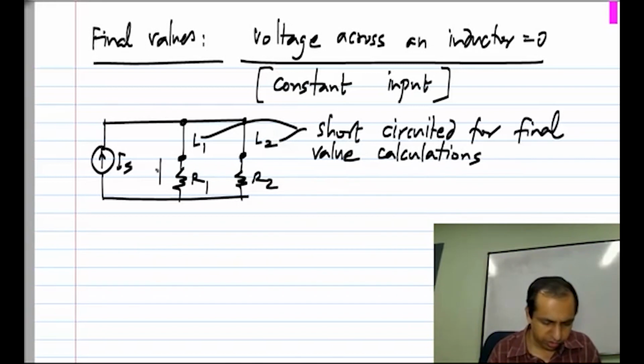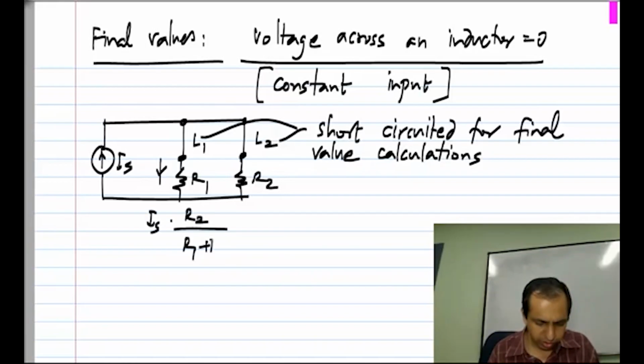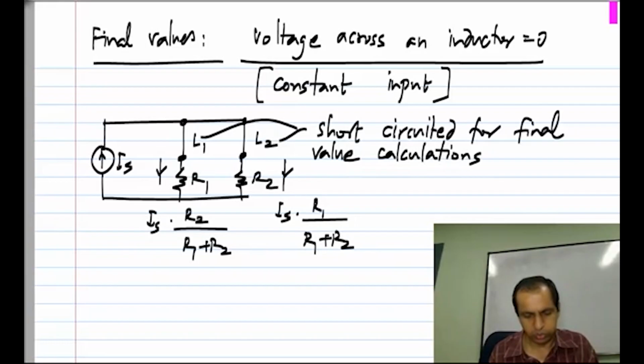So we know that the final values will be IS times R2 by R1 plus R2 over there, and IS times R1 by R1 plus R2 over there. Okay, so this also we know the time constant, so we can construct the final solution very easily.